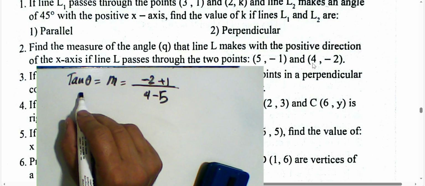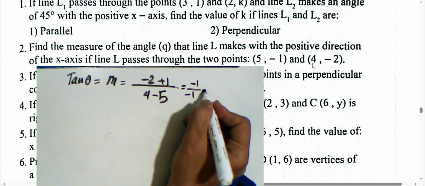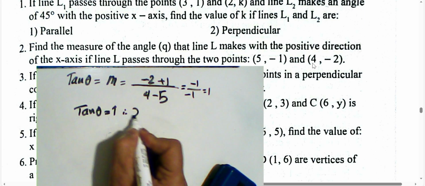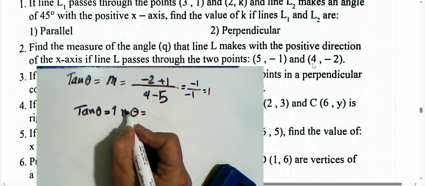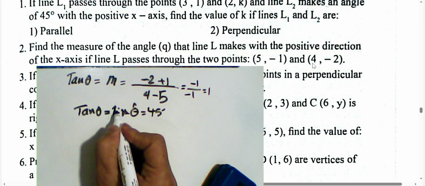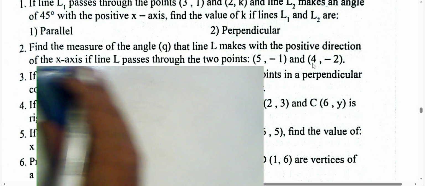What's theta here? We know negative 2 plus 1 is negative 1 and 4 minus 5 is negative 1. Then tan theta equals 1. Then the measure of angle theta will be 45 degrees.